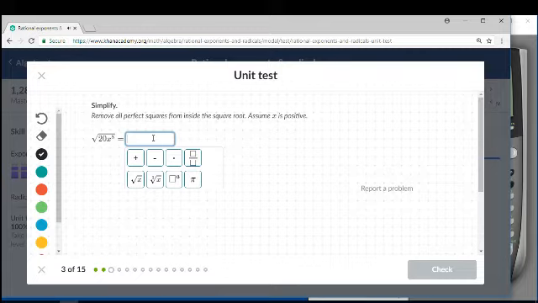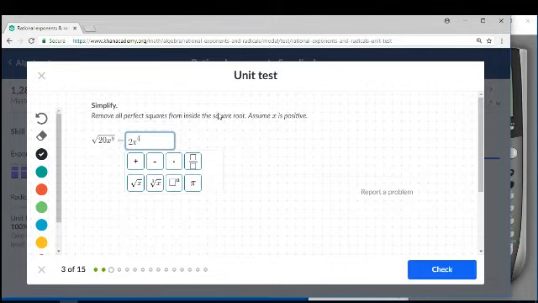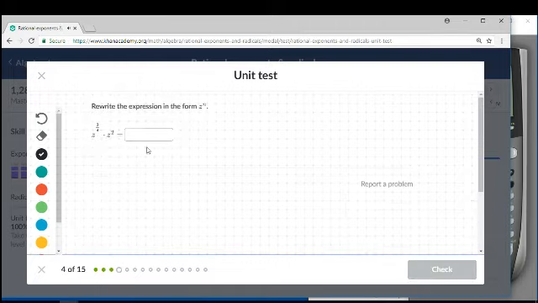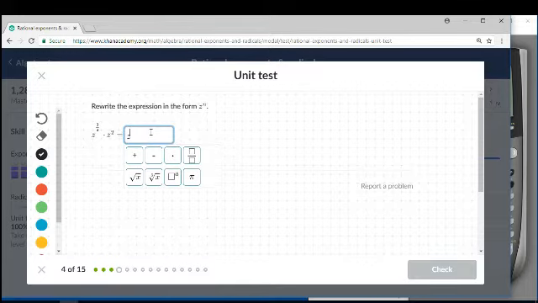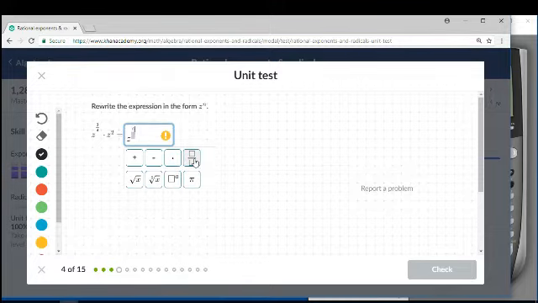All right, so this is going to be 2x to the fourth times the square root of 5. Just multiply the exponents, so it'll be z to the 6 over 4.